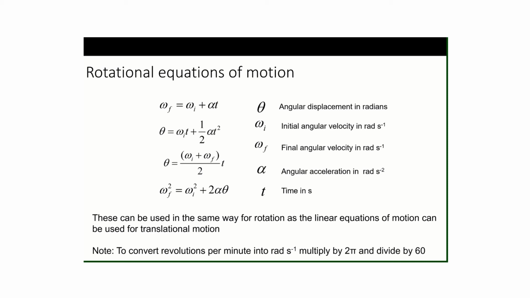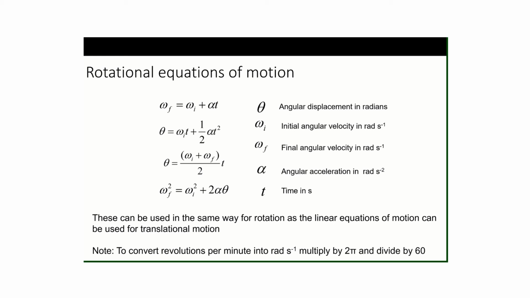You will see, if you look carefully, they are very similar to the linear ones. All we've done is written omega f instead of vf, omega i instead of vi, alpha instead of a, and theta instead of d. t actually stays the same, so that's the nice simple one. These can be used in the same way for rotation as the linear equations of motion can be used for translational motion.